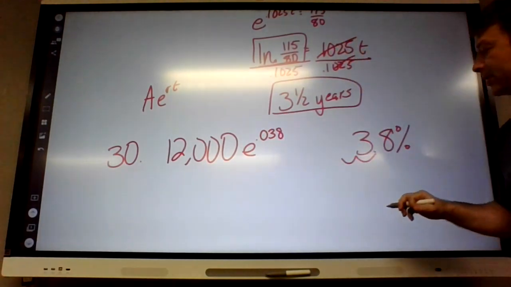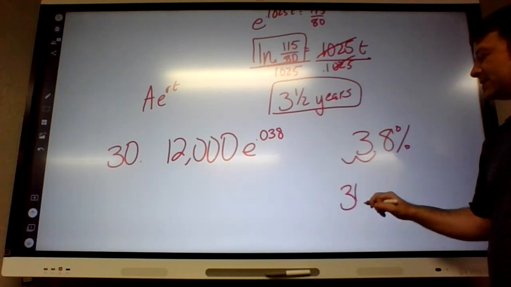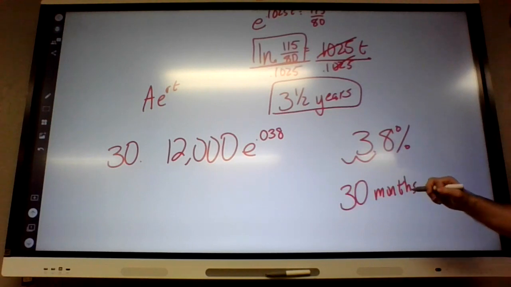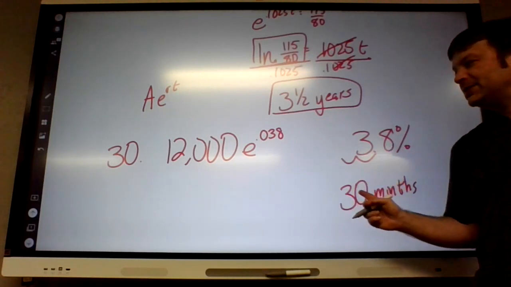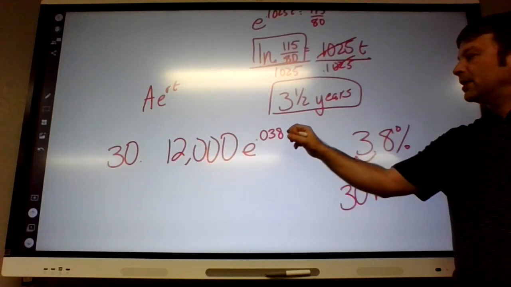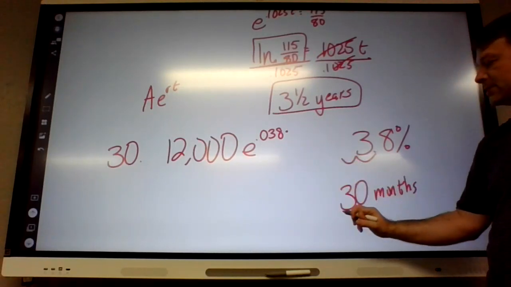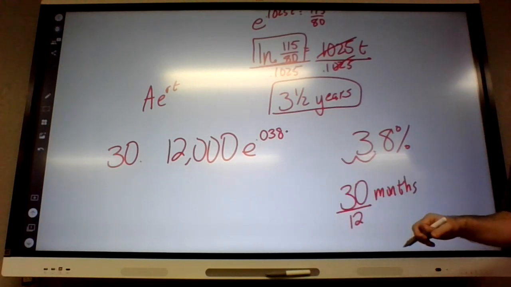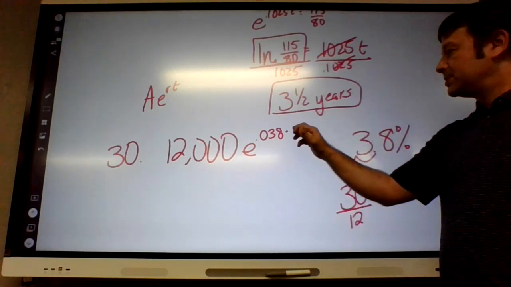Okay, here's the tricky part. The time they gave us, it said it's gonna be 30 months. Yeah, so 30 months is not the same as 30 years, right? So we can't just plop a 30 right there. So how do I turn this into years? Divide by 12. Yeah, Forrest got it. He said it's 2.5 years.